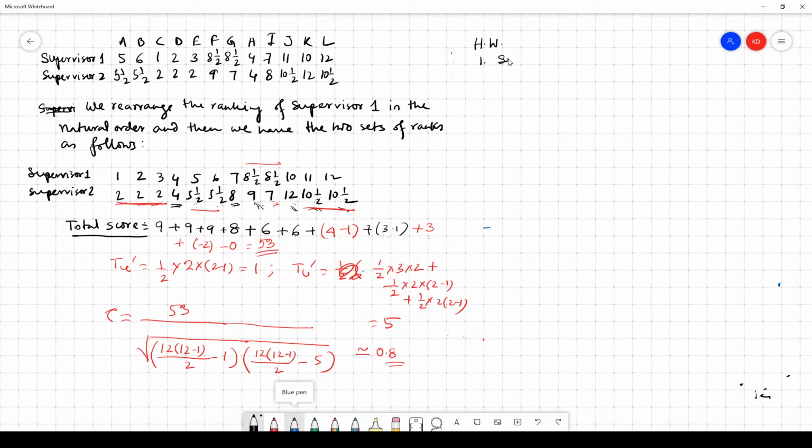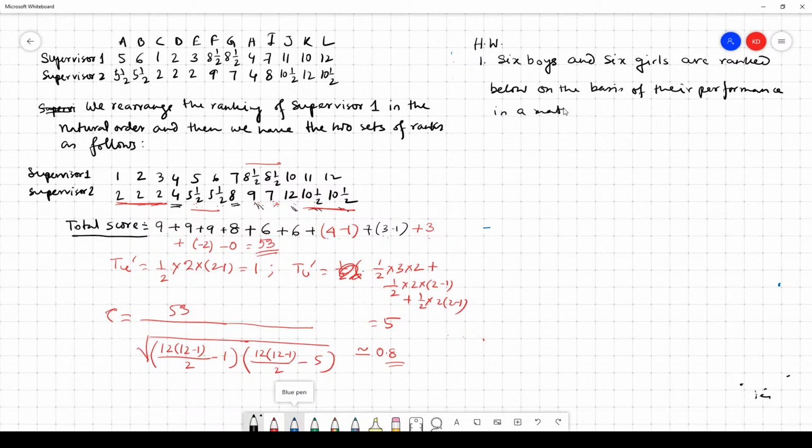Six boys and 6 girls are ranked below on the basis of their performance in a mathematics test.